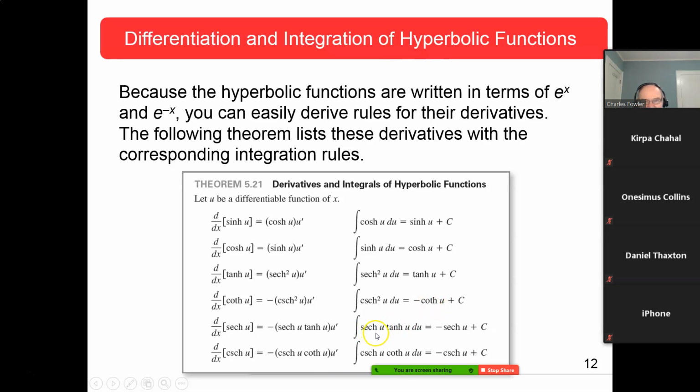Do this one, and you get minus hyperbolic secant, not like with trig. So these, again, this one and that one are the same. This one and that one are different. That's the same. So it's enough to throw you off.